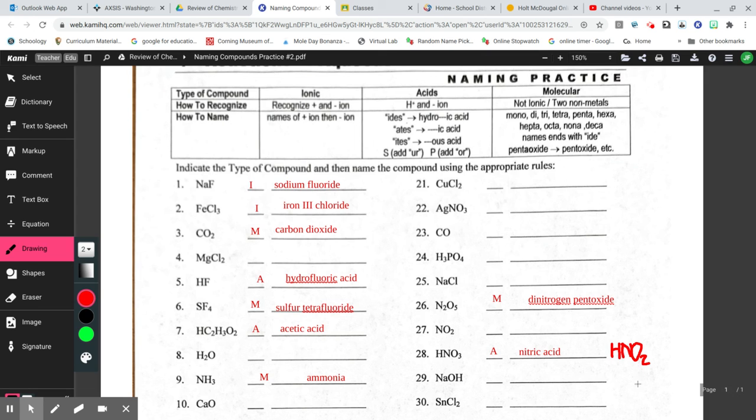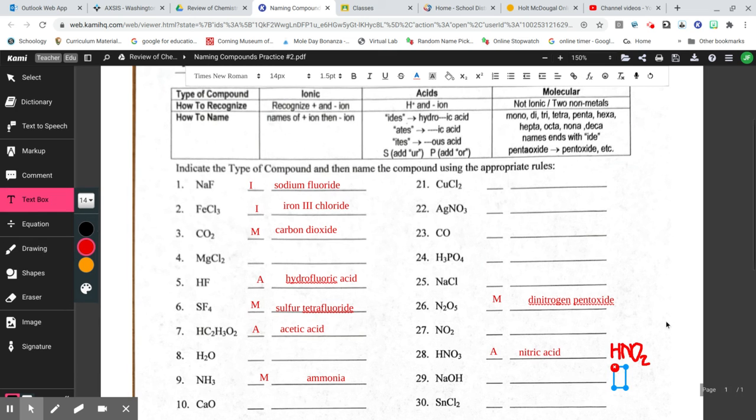So the name for this one would be, instead of nitrite, we change the ITE to OUS. So it's nitrous acid. Okay, so I just wanted to practice one with the ITE.